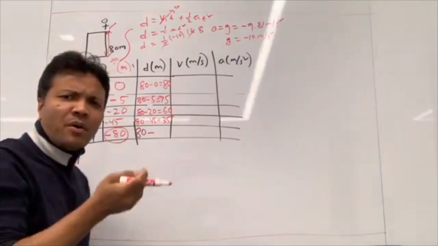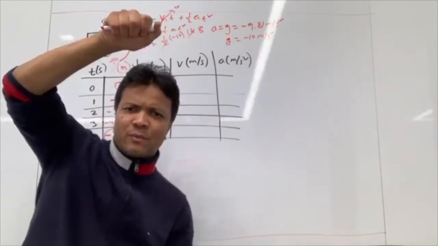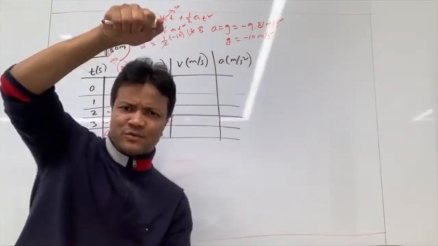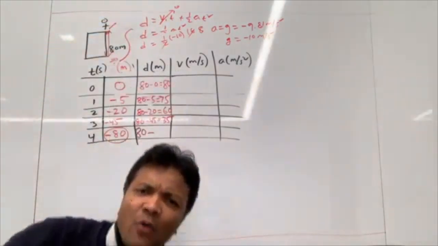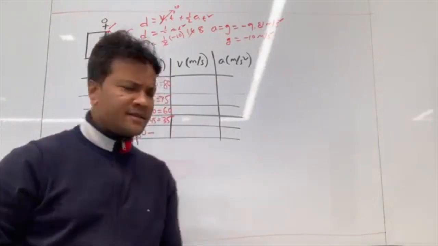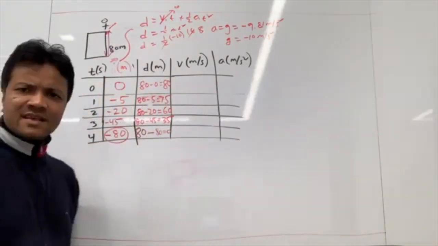Does that make sense? This is the top of a building, 80 meters above the ground. After 4 seconds, the ball is 80 meters away from your hand. So 80 minus 80 is equal to 0. That means the ball is at the ground.